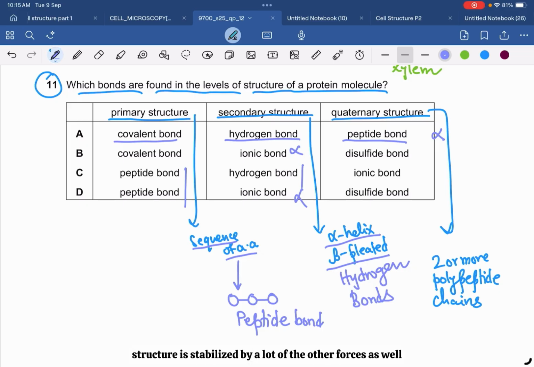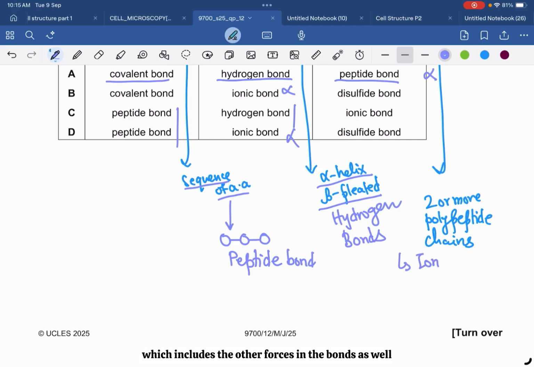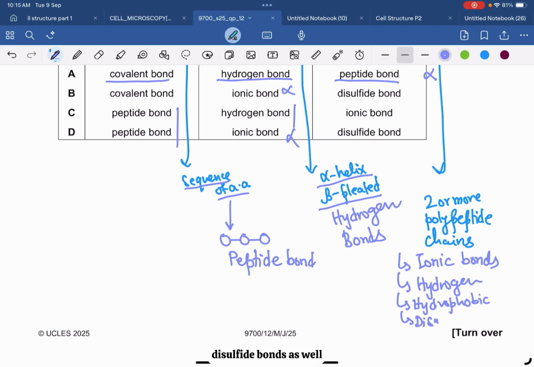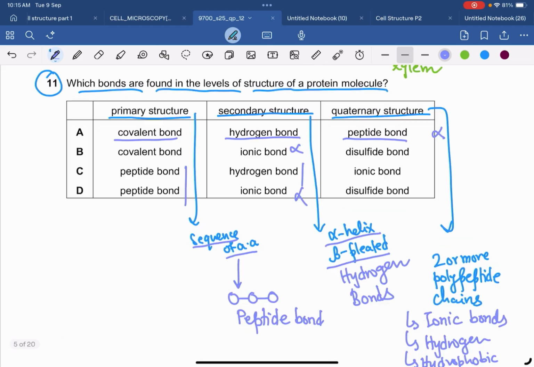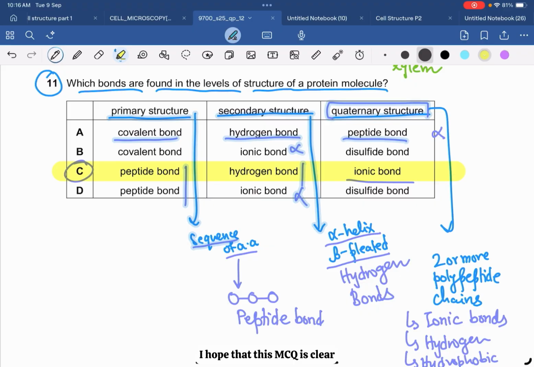Quaternary structure is stabilized by a lot of other forces as well, which includes the ionic bonds, the hydrogen bonds, the hydrophobic interactions, and sometimes the disulfide bonds as well. So the quaternary structure is not majorly stabilized by the peptide bond. So the quaternary structure majorly contains the ionic bond. So the correct answer over here would be option C. I hope that this MCQ is clear.